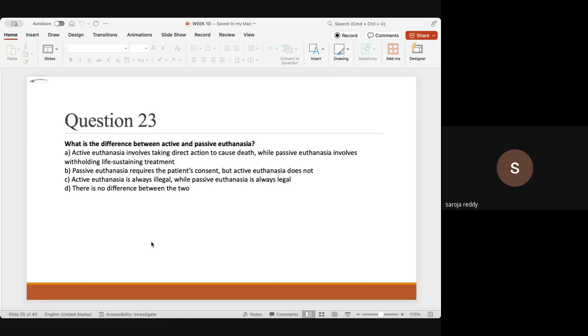I think option A, ma'am. Yes, option A is the right option. Active euthanasia involves taking direct action to cause death, while passive euthanasia involves withholding life sustaining treatment.